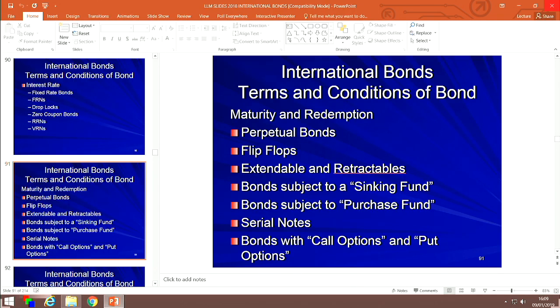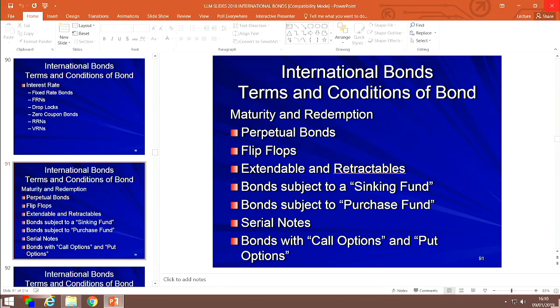So the clause might read that 30% of the bonds issued shall be redeemed in year 5, 10% shall be redeemed in year 7, another 10% in year 8, and all of it that remains redeemed on maturity. It's an installment repayment schedule, in other words. Now, there are two forms of structure for that kind of installment redemption.